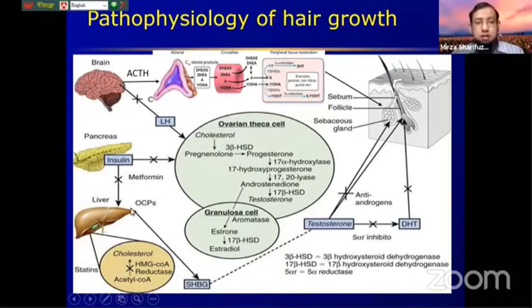Some factors stimulate this secretion and some inhibit it, but I'm not going into details for undergraduate students. If you understand just this picture, this is sufficient to understand the pathophysiology, symptoms, and investigation as well as treatment. Just remember this picture.